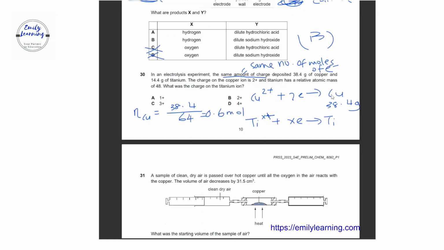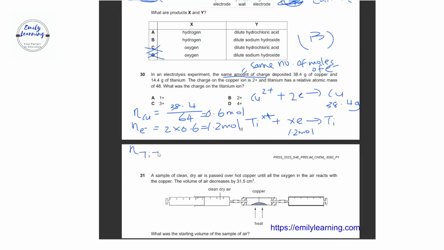So from this equation here, I know 2 moles of electrons is needed to form 1 mole of copper. So if there's 0.6 moles of copper, then the number of moles of electrons will be 2 times 0.6, which is 1.2 moles. Next, I know that the number of moles of electrons used in both equations is the same, so here there's also 1.2 moles. Next, I know that the mass of titanium is 14.4.